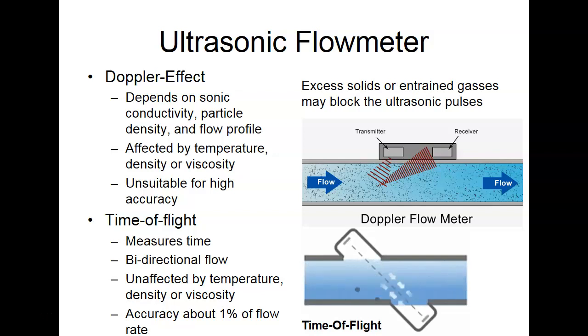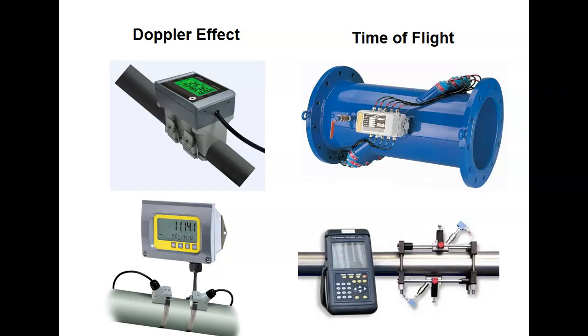You'll see these will be strapped onto one side of the pipe. These right here, you have to have one-on-one, and they have to be offset by this angle. You'll see it'll be on both sides of the pipe that it's trying to measure the flow through. I think I've got pictures on the next slide. So this would be a Doppler effect.